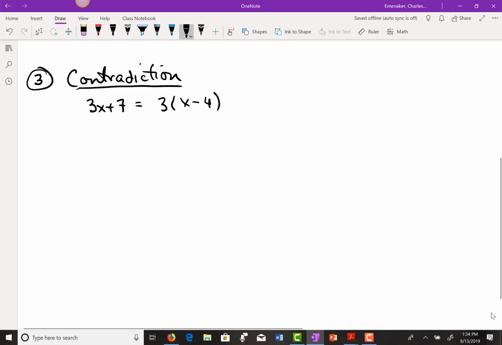I think you can see in real quick order that we're going to have our 3x plus 7 equals, and on the right side when we distribute, we're going to have our 3x minus 12. Using the additive property of equality, the 3x's go away, don't they? You add a negative 3x to each side, and lo and behold, you get this amazing statement. 7 is the same as negative 12.